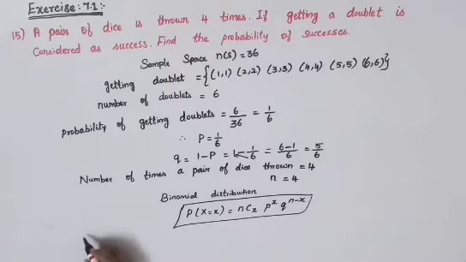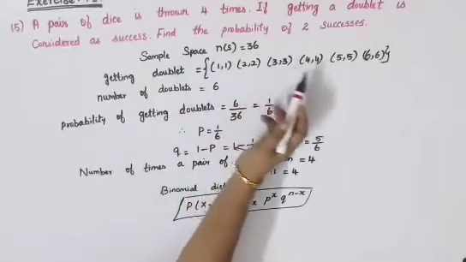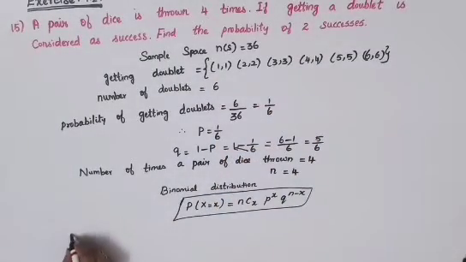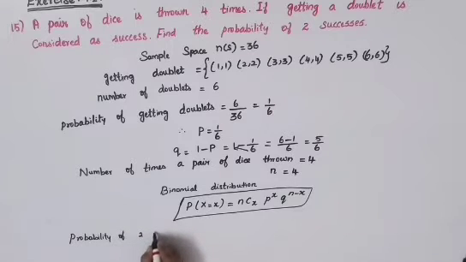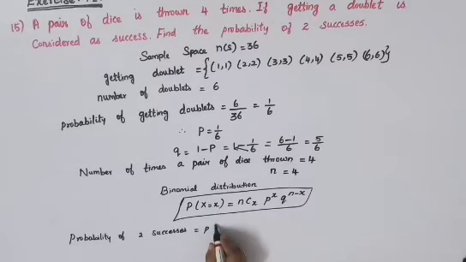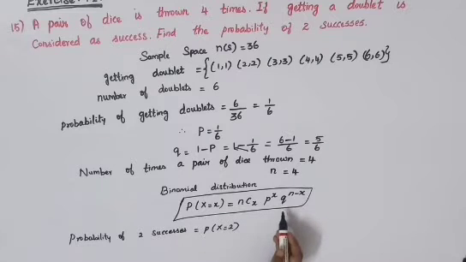Before that, the condition is to find the probability of 2 successes, that is, the probability of 2 successes is equal to P(X equal to 2). Now substitute all the values in this formula.